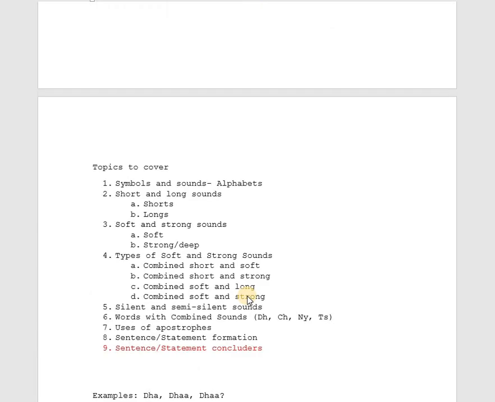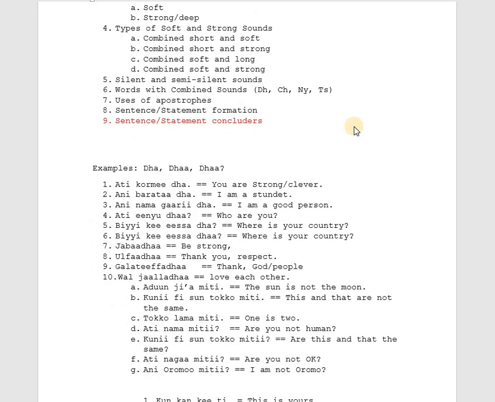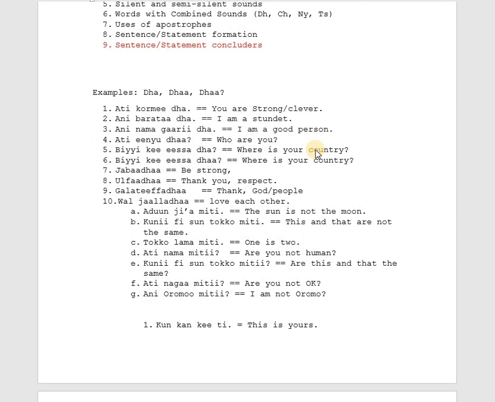Today we are going to see how we write statements, how we conclude statements. I just call them concluders. That's when we conclude statements or sentences, what are the sounds, the verbs, the words we use there, and it is helpful for communication in the language.